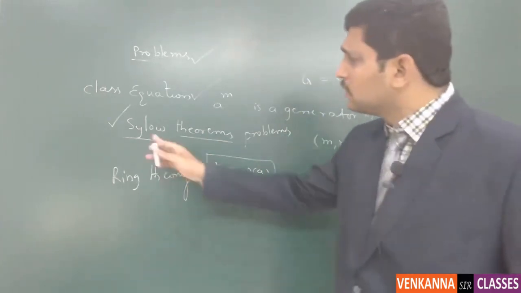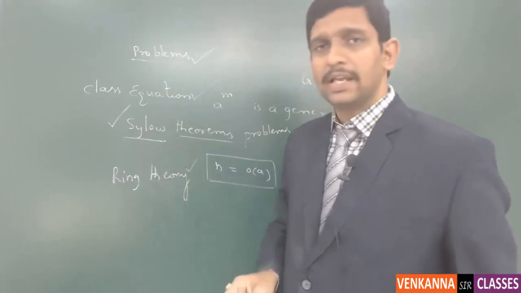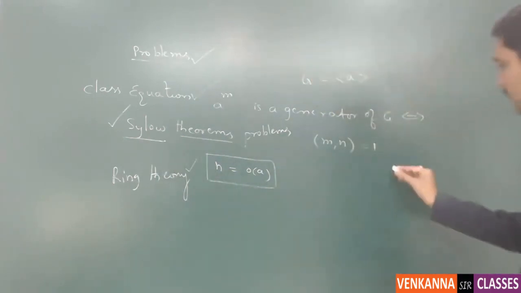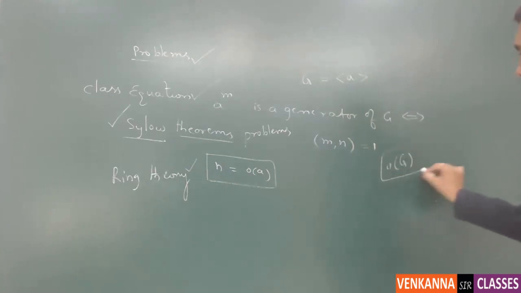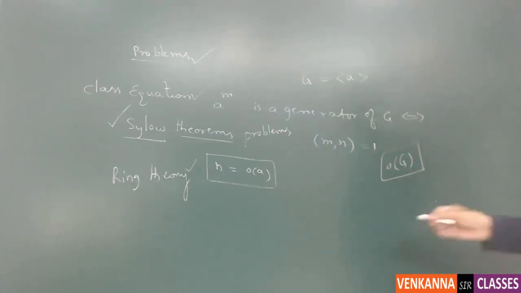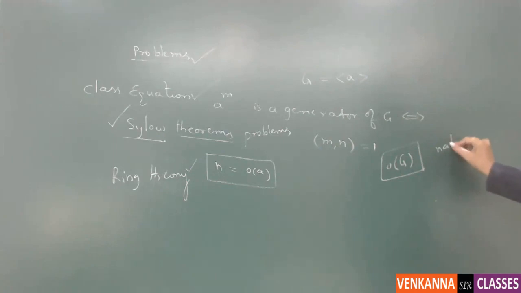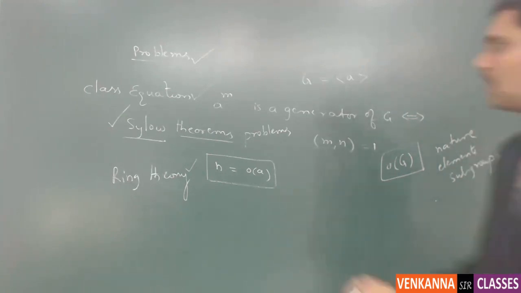The main use of Sylow theorems is that whenever you know the order of a group, you can say the nature of the group as well as the elements and its subgroups. That is the advantage of Sylow theorems.